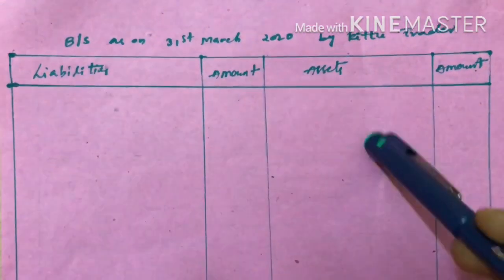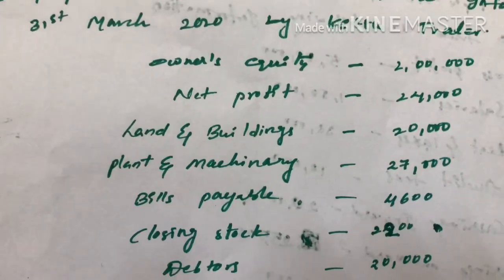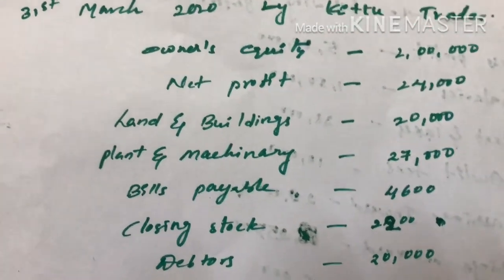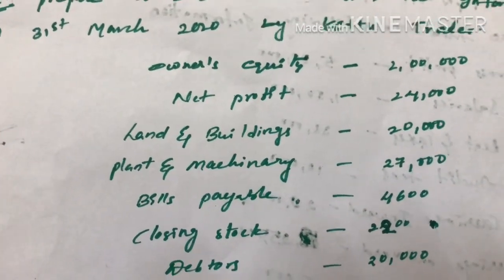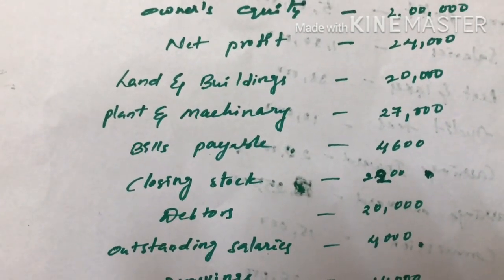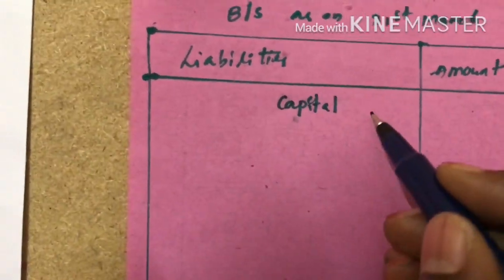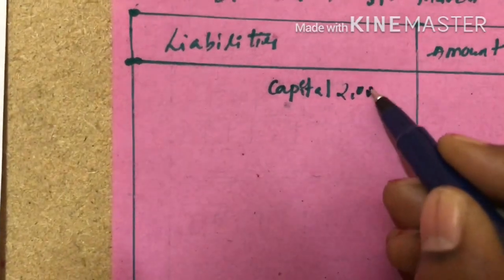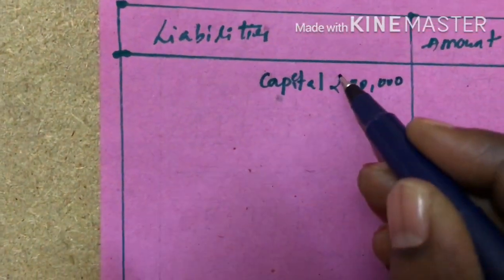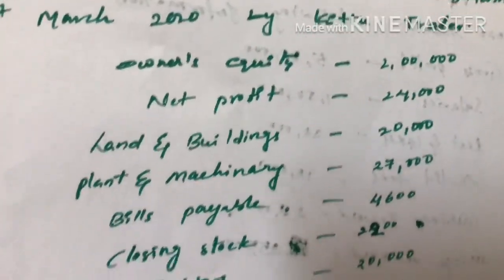Liabilities, amount, assets, amount. The first one is owner's equity. The owner's equity is one of the liabilities, and it is also the capital. So write it on the liability side: capital, and the amount is 2 lakhs. Now observe the net profit in the given problem.